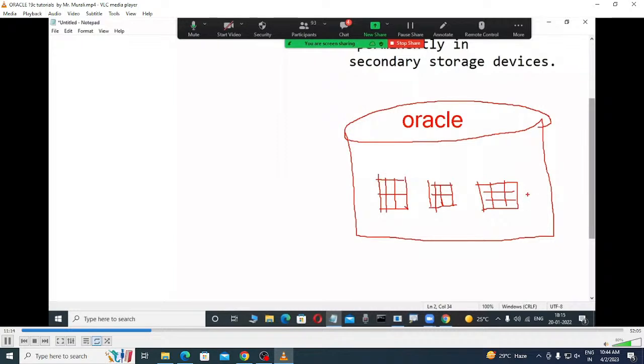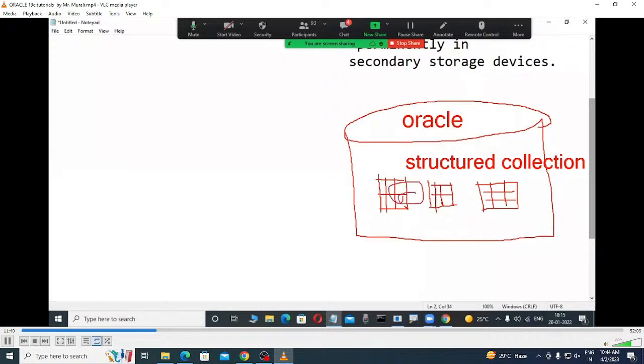All relational databases store a structured collection of data, not non-structured data. Non-structured data means other databases are there. Oracle is one of the popular relational databases.